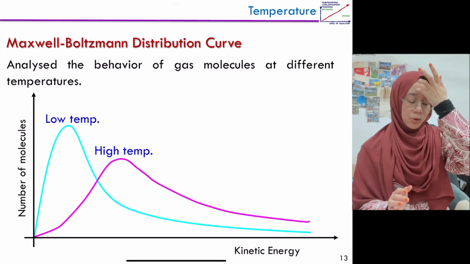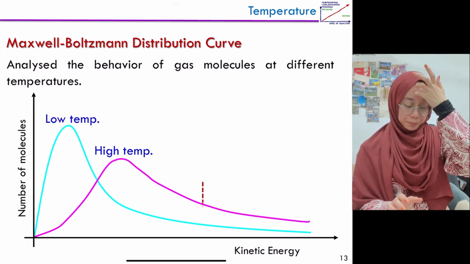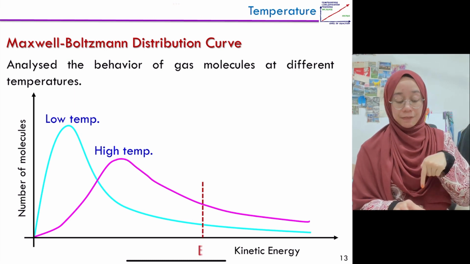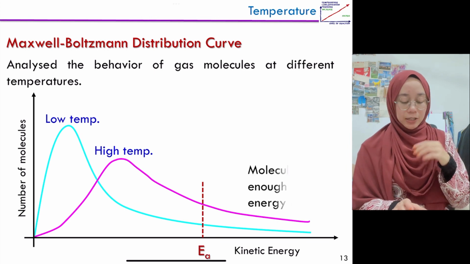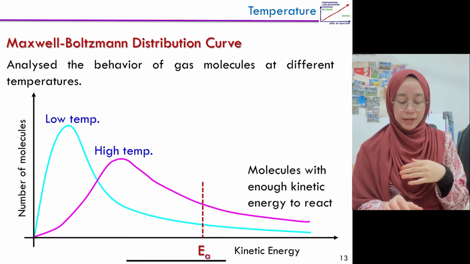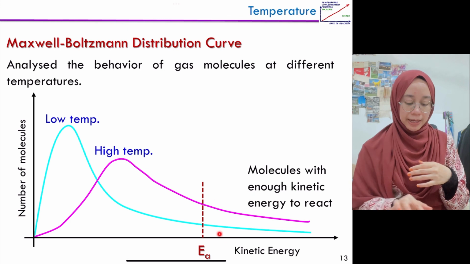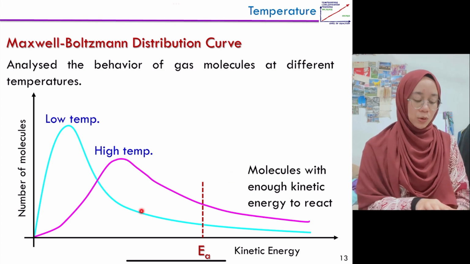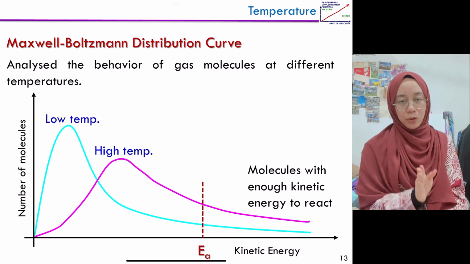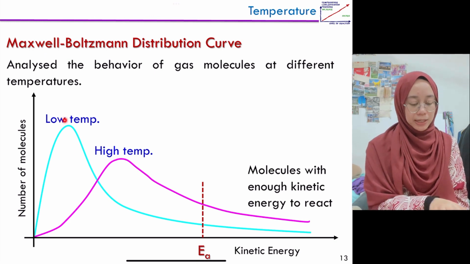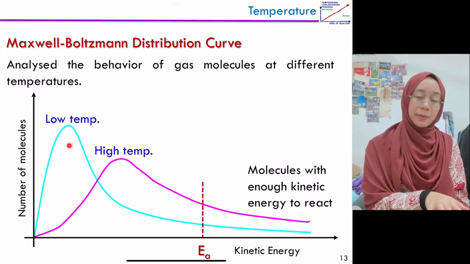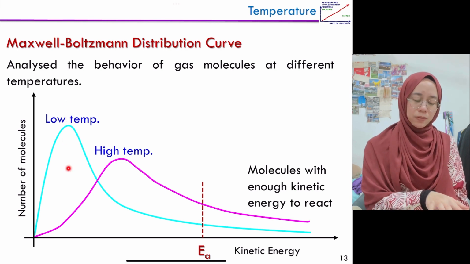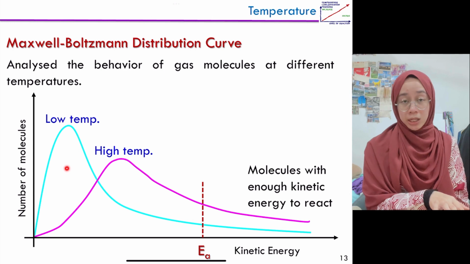So apa sebenarnya benda ni nak tunjuk? Kat sini dia ada activation energy lah. So molecules with enough kinetic energy to react adalah dekat bahagian sebelah ni, yang melepasi the activation energy. So we can see that most of the molecules kalau dekat low temperature, so basically ini adalah bahagian average lah, have a very low kinetic energy.